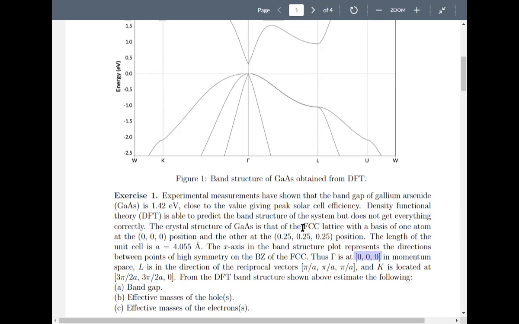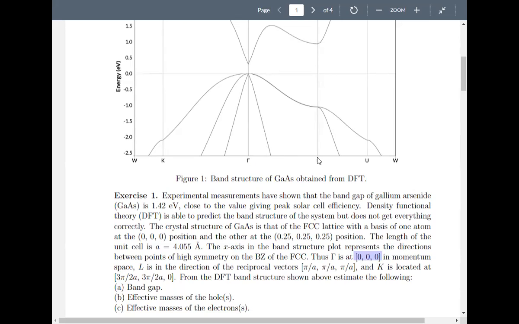So maybe here. And this is pi over a, pi over a, pi over a. I'm missing the other one, right? So there's another direction that is coming out at you. So this is a two-dimensional projection. So now you have that this vector is at pi over a, pi over a, pi over a. So there's a distance that goes from here to here.